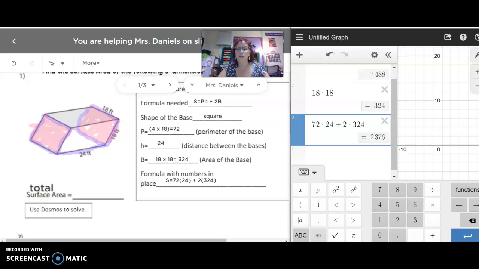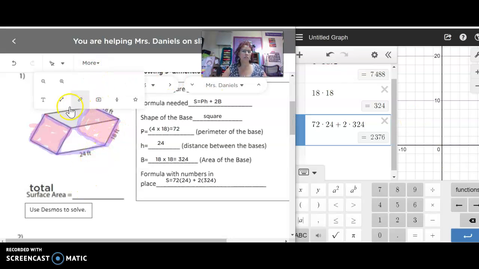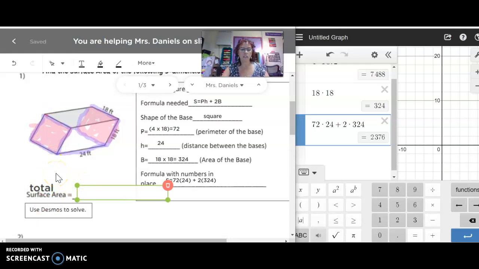And that's it. 2,376. Our units are feet. 2,376 feet, and then this is to the second power. And there's your answer. That is how you do total surface area.